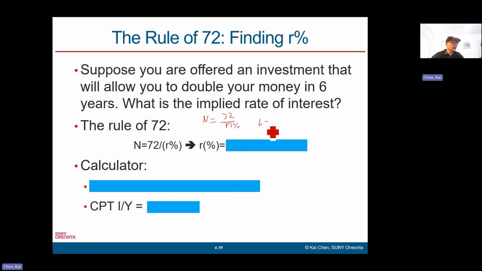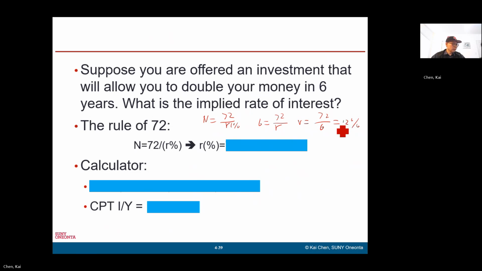So N is 6. Then 6 equals 72 over R. Now we can solve this equation for R. With a little algebra, we know R equals 72 divided by 6. Then R is 12%.